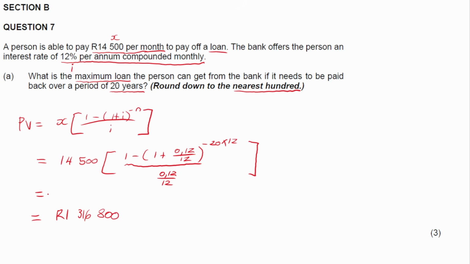So if you just put it in your calculator, what you'll get as a raw value is this value over here, comma 54. So this is what you would get, but we have to round down to the nearest 100. So the nearest 100 rounding down is 800. So that's why this is our final answer here at the bottom. This is our final answer.